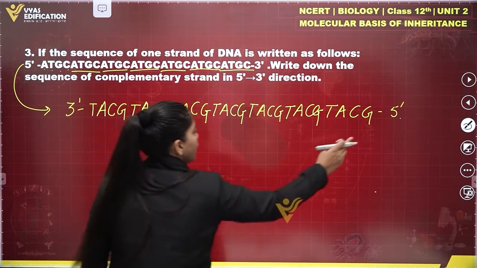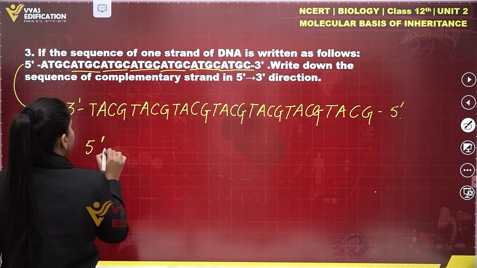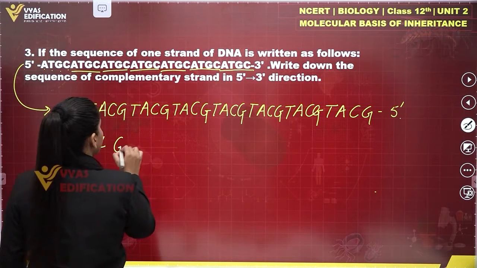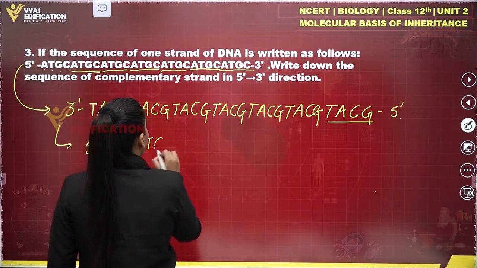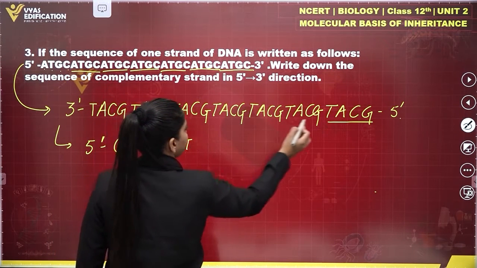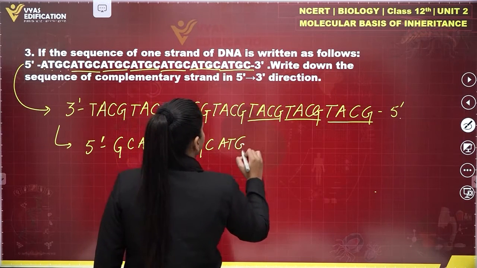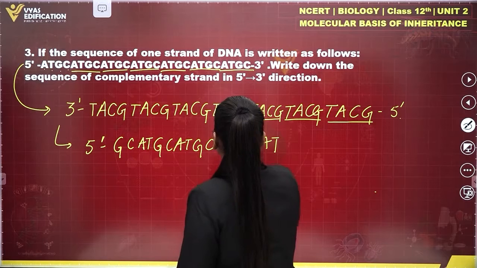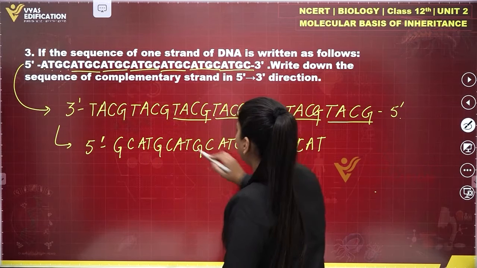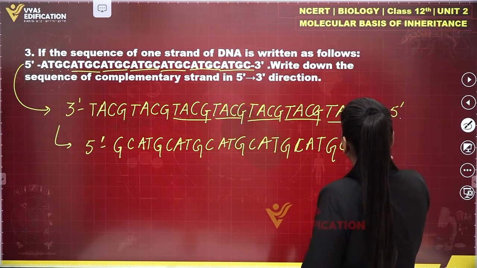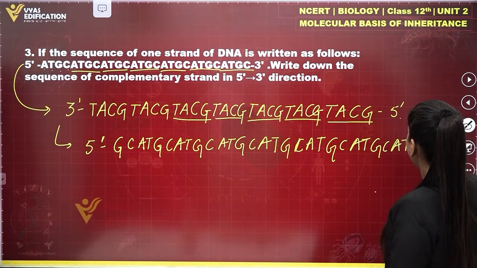So we will write from here to here in the 5 prime to 3 prime direction. 5 prime, starting from G, C, A, T, G, C, A, T, again G, C, A, T, repeating the same pattern, and the last G, C, A, T, and this is the 3 prime end.